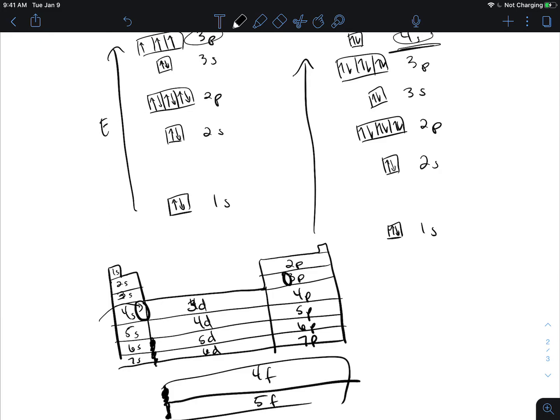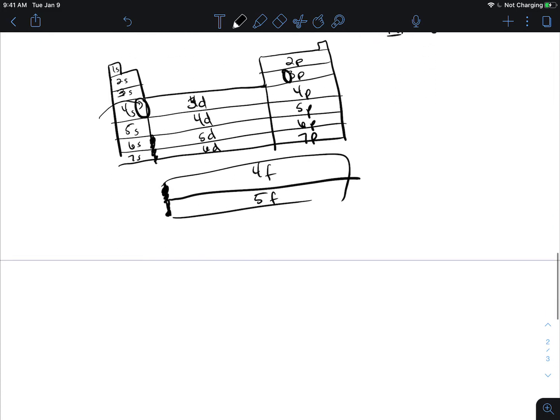Okay, that brings us to electron configurations. Electron configurations are just like orbital diagrams, but instead of writing out boxes, we're just going to write everything in terms of what subshell it's in.